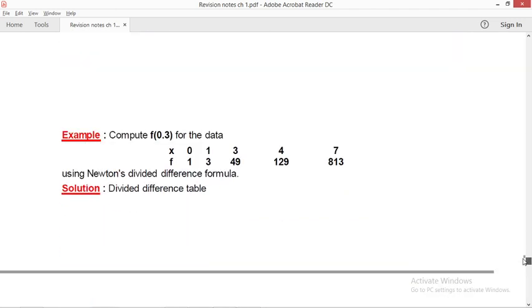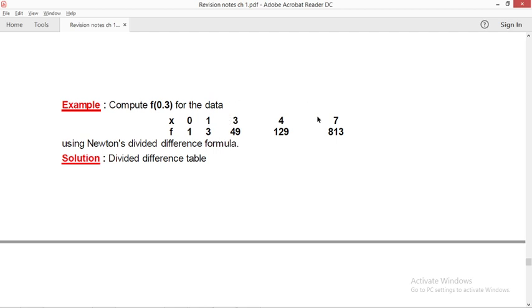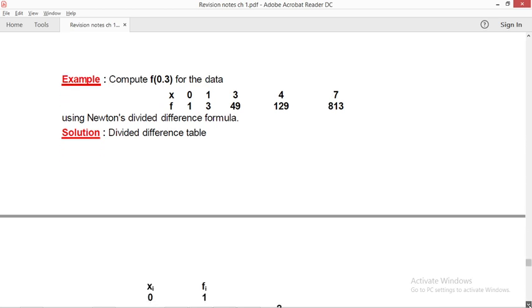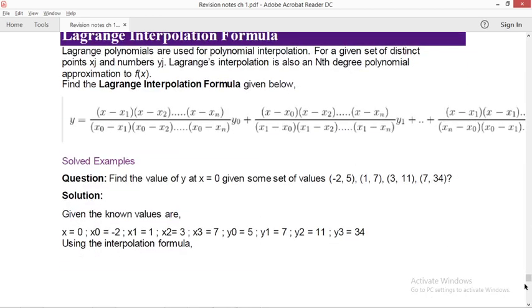This method can be used for data which are not equally spaced. You see, there is the difference of 1 unit over here, 2 units over here, 1 unit over here, 3 units over here. So for unequally spaced data, this method, which is Newton's divided difference method, can be used.